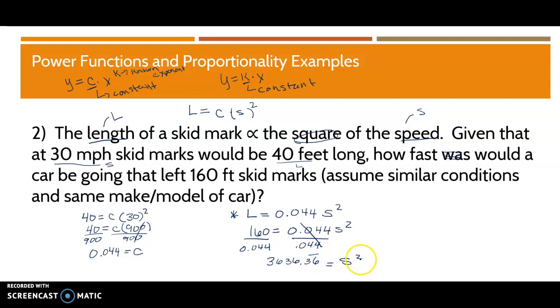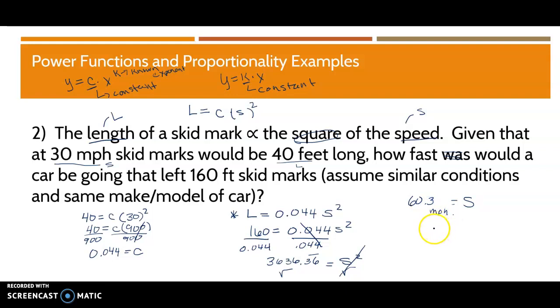Then I have a squared, so the opposite or inverse of squared is square root, so I'll do square root on both sides. Squared and square root cancel, so I have S is equal to, I type in my calculator square root of this number, and round it off, that gives me 60.3 miles per hour.